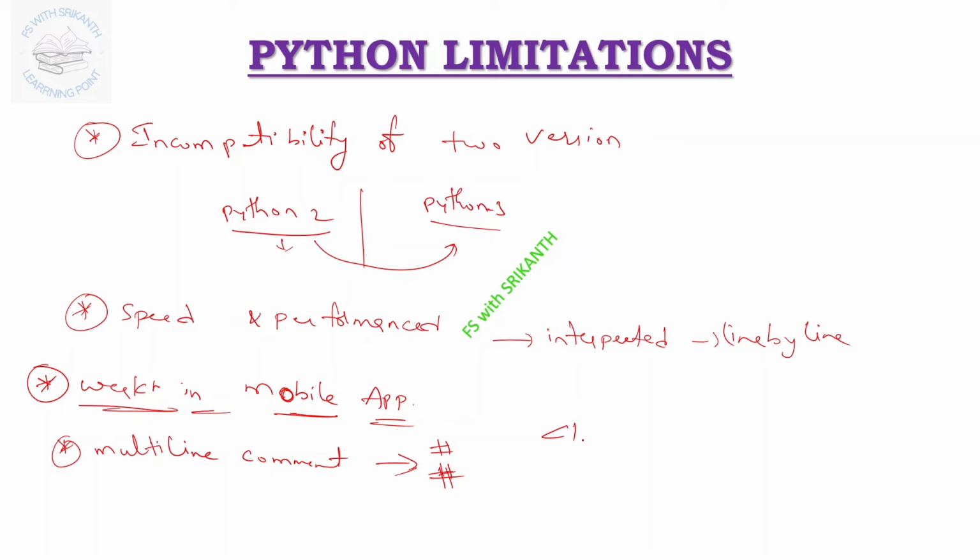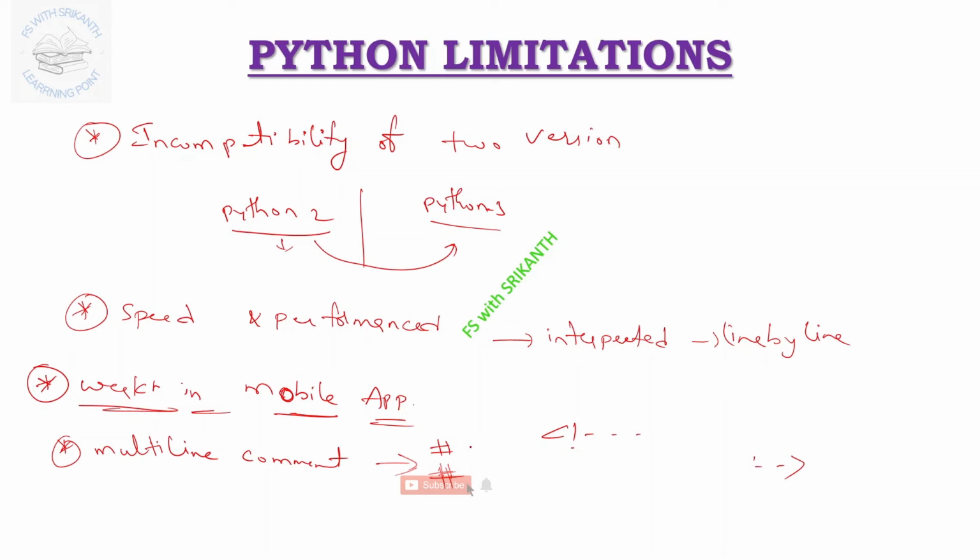In other programming languages, multi-line comment lines are available. But in Python, you should place a hash for every line. Then only is it possible to make a multi-line comment.